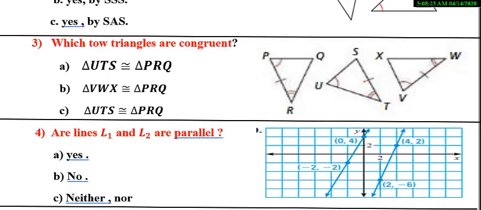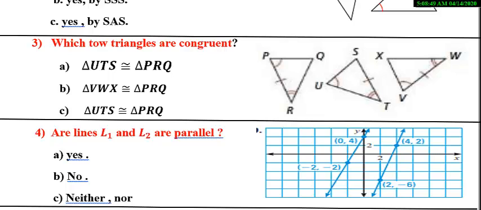If you look at the first triangle and the third one, which is BRQ and XVW, B is congruent to V and R is congruent to W, and the side BR is congruent to the side VW, and this will give me the right to say that the two triangles are congruent by the statement angle-side-angle, which matches choice number B.